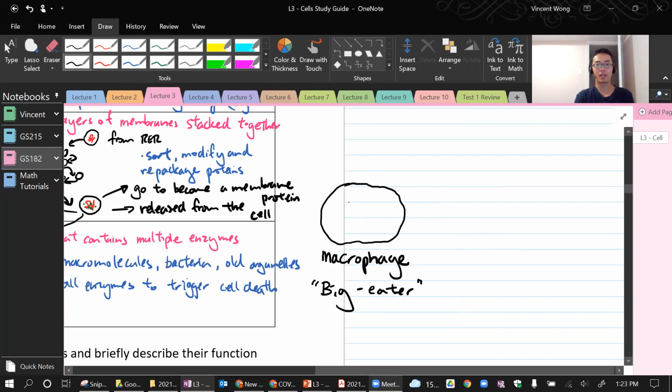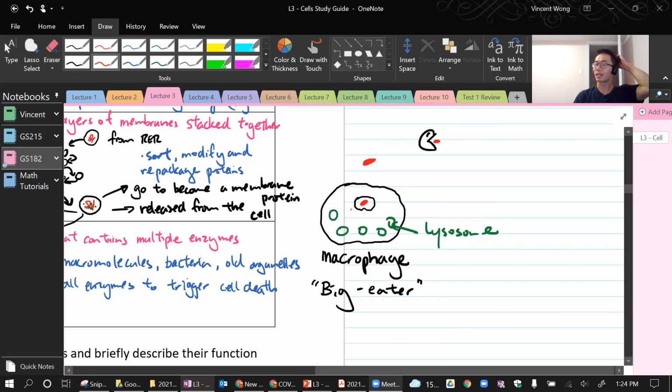So the macrophage would have a lot of lysosomes. And these are lysosomes. What happens is if there's a bacteria, then the macrophage will be like Pac-Man, right? You guys know Pac-Man, right? It will eat the red bacteria, and it will surround it in a vesicle like this. And then this vesicle will fuse with the lysosome.